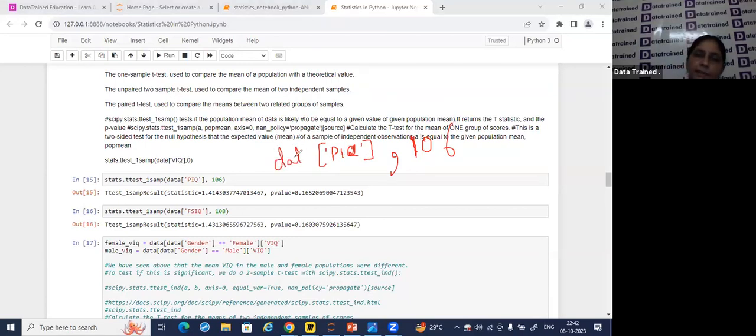The data is the data frame I had created. I want to understand that when all the values of this particular column are calculated and the mean is found, it would be nearby 106, identical to it. For that there is a test, the t-test one sample.